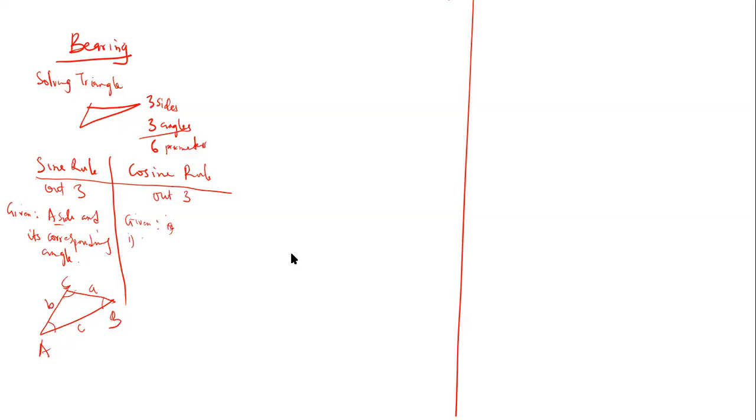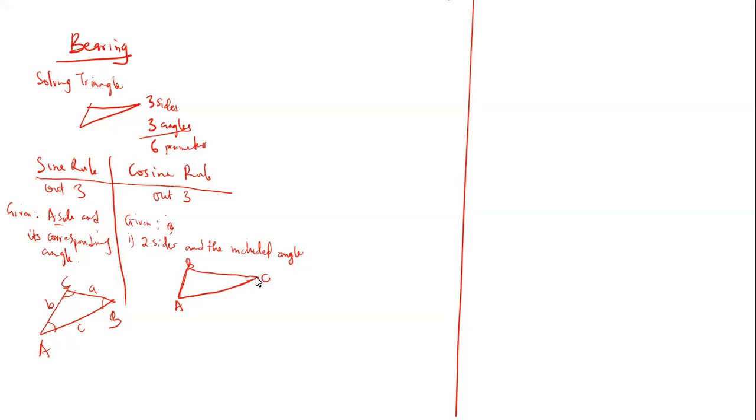When we say 2 sides and included angle, draw a triangle, for example. This is a triangle, and you label it A, B, C. If you have been given 2 sides, the 2 sides could be this side and this side.